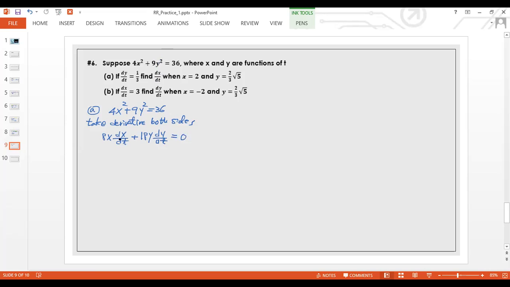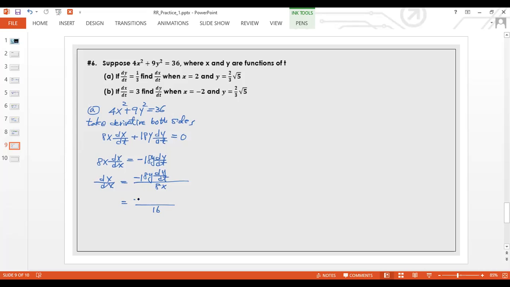So I'm looking for dx/dt, so I have 8x dx/dt equal to moving the 18y dy/dt. So dx/dt is just equal to negative 18y over 8x dy/dt.